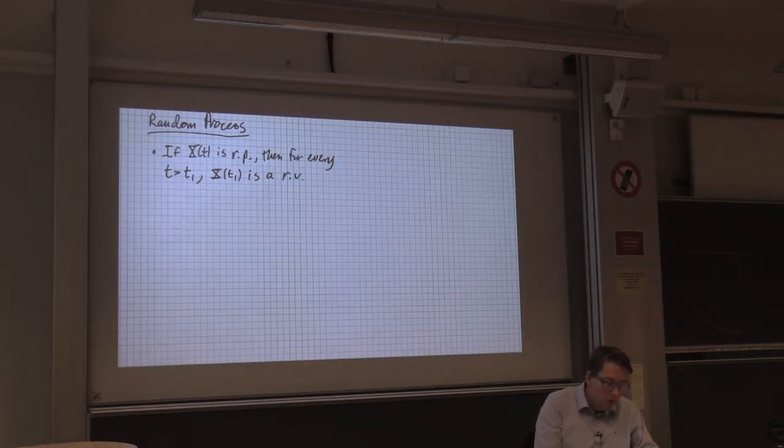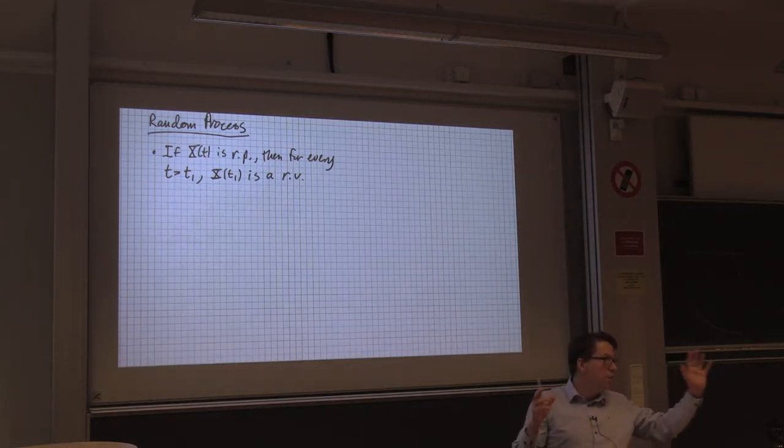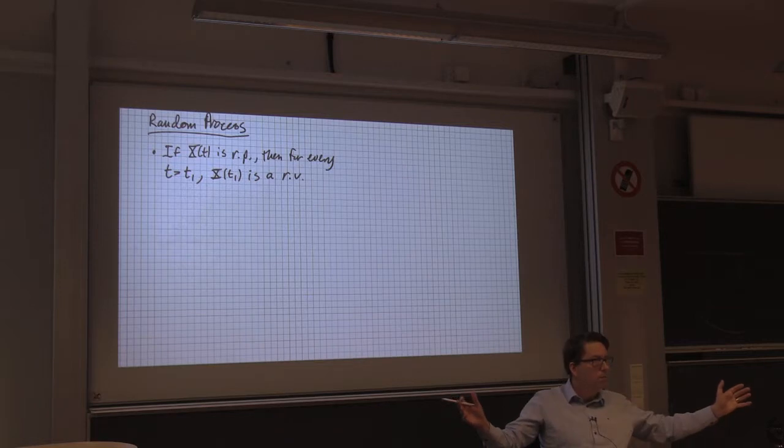Okay, so let's look at this statement here. X of t, where we don't specify t, so t could go from minus infinity to infinity. That's just a whole random process.